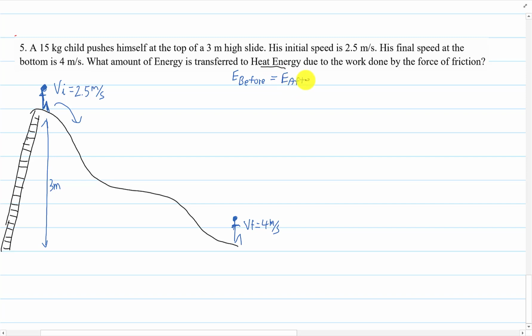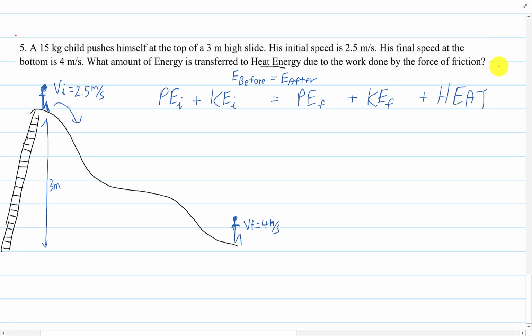So potential energy initial plus kinetic energy initial has to equal potential energy final plus kinetic energy final plus heat. And that heat is what we're trying to find out. What is that energy stored up in heat?